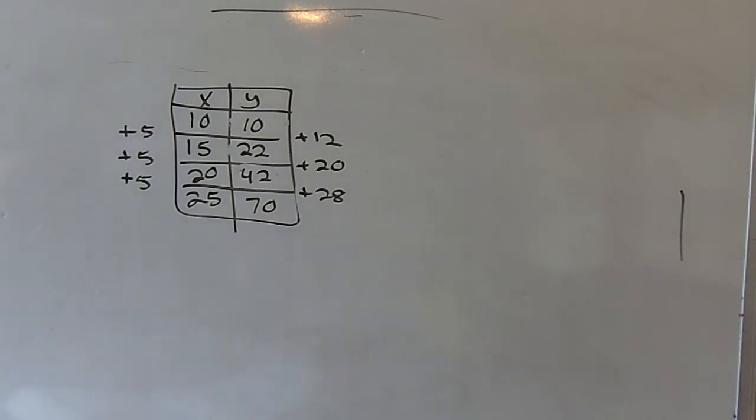So that's all there is in this video. In the next video, we're going to be talking about quadratic functions, cubic functions, exponential functions, and inverse variation functions, and what those look like. Specifically, we're going to be looking at why quadratic functions are called quadratic functions, and why cubic functions are called cubic functions.